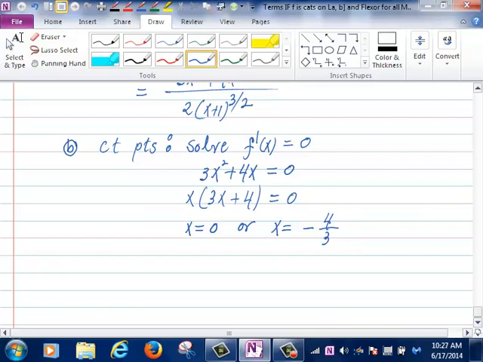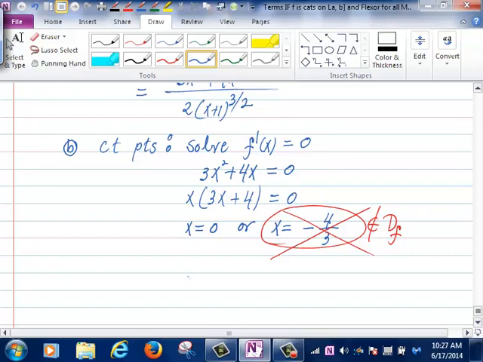Notice that negative 4/3 is not in the domain of f, right? Because the domain is up to negative 1 on the left. So we basically ignore this. Then I'm getting only one critical point at x equals 0.